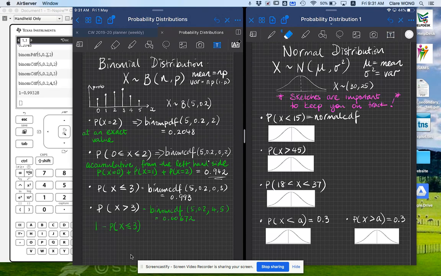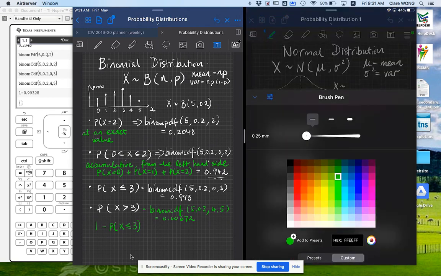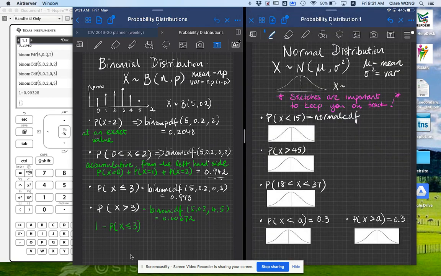I actually missed out the end here, so I'm going to change it to normal distribution, 30 and 25. Now 25 is the variance, so I can change it to 5 square to know that the standard deviation is 5.